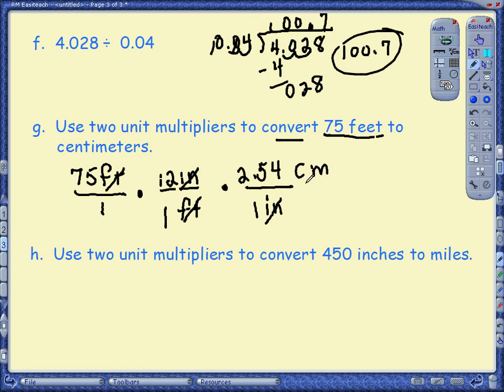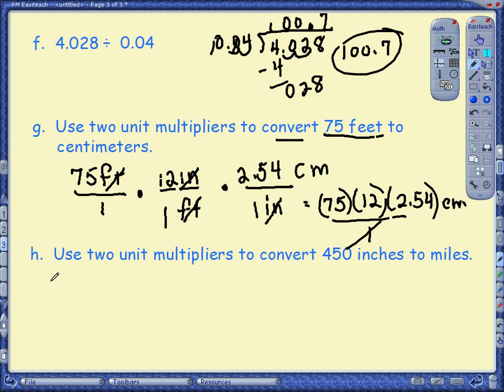The only unit we're left with is centimeters. This is the abbreviation for centimeters. We have 75, then you don't have to multiply these out, times 12 times 2.54 centimeters. Okay, and just 1's in the bottom. When you have a 1 in the bottom, 1 times 1, you don't need it.